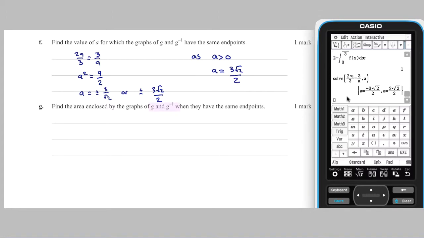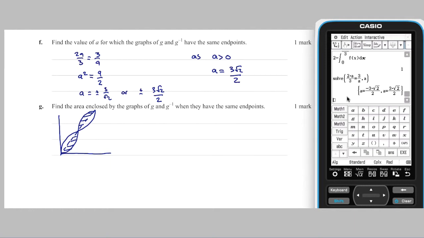If g of x and g inverse have the same endpoints, then their graphs will look something like this. This is the line y equals x, g of x, and g inverse. The area between these two graphs will be twice the area between g of x and the line y equals x.